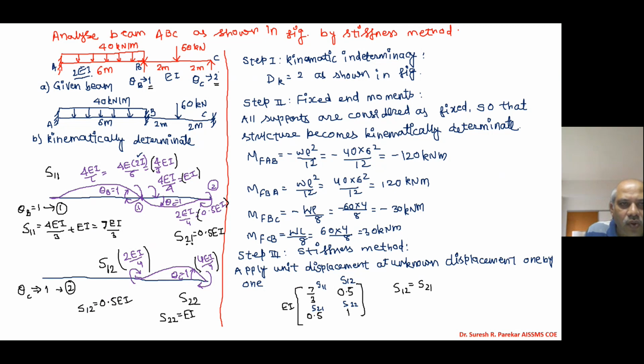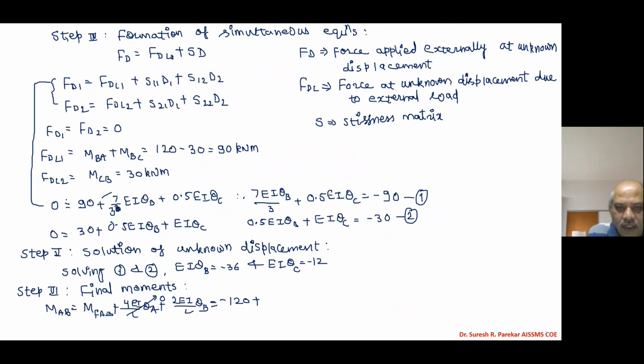So AB has 2 EI and BC has EI. Now minus 120 plus 2 by 6 into 2 EI, and theta B is minus 36. That comes to minus 6 minus 24, and we get minus 144 kilonewton meter.